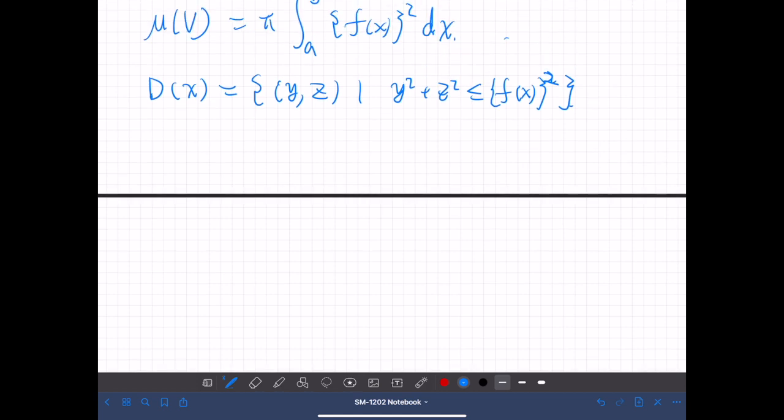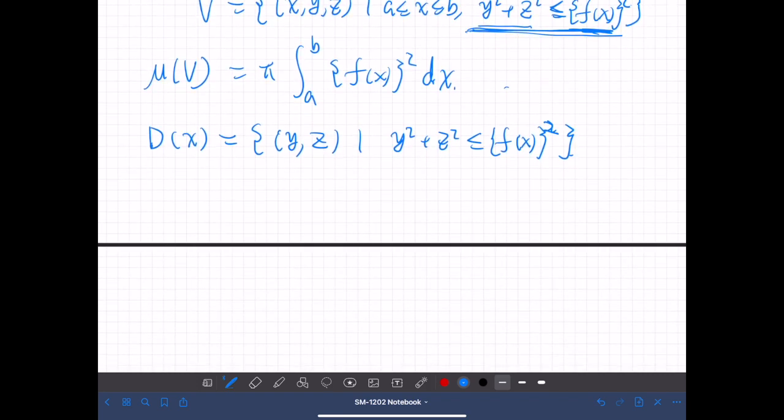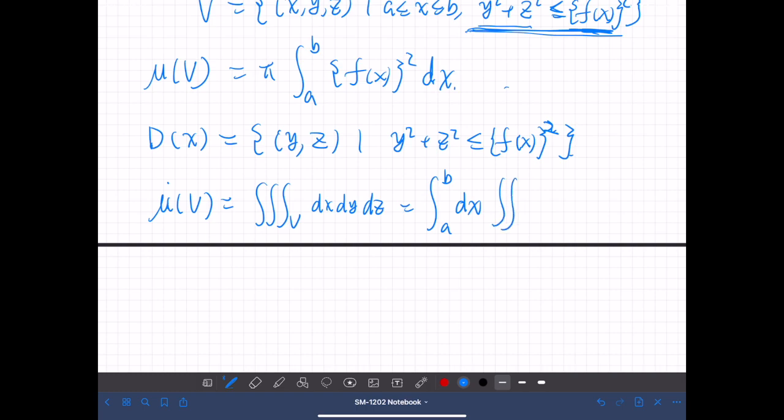So the volume of this solid of revolution is given by the triple integral of dx dy dz, which is equal to the integral where x varies from a to b, and y and z vary over this region D of x.